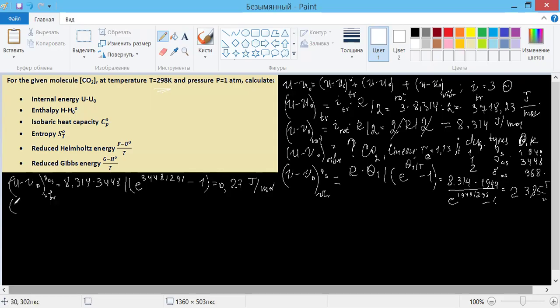Now we are doing the same for the third vibration, delta. So it's going to be much more, I guess.